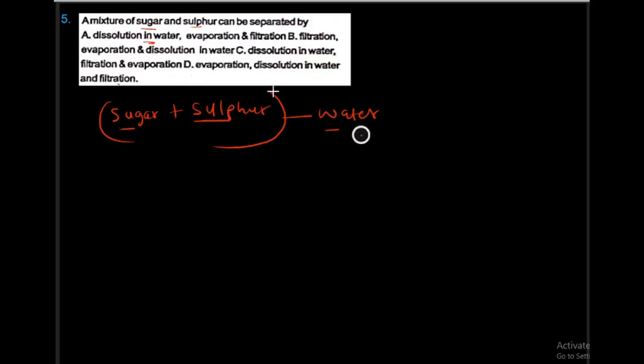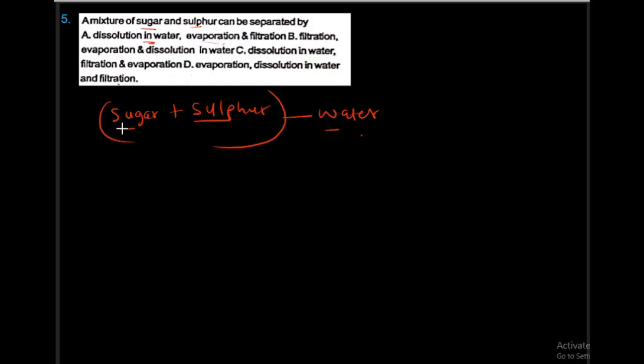So if we dissolve sugar and sulfur in water, if we add water to this, sugar will dissolve in water, but sulfur will not dissolve in water. So first sugar dissolves in water, and then it says evaporation.